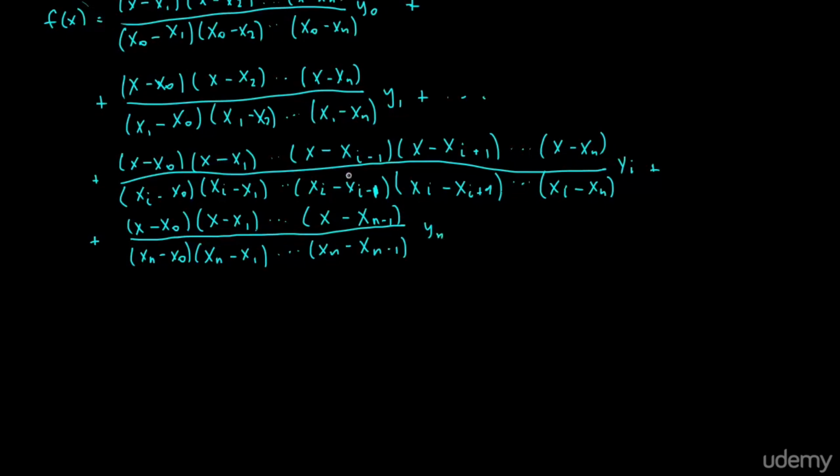So this rather convoluted formula is how you would go about taking a few values that you already have observed and actually getting a formula for them.